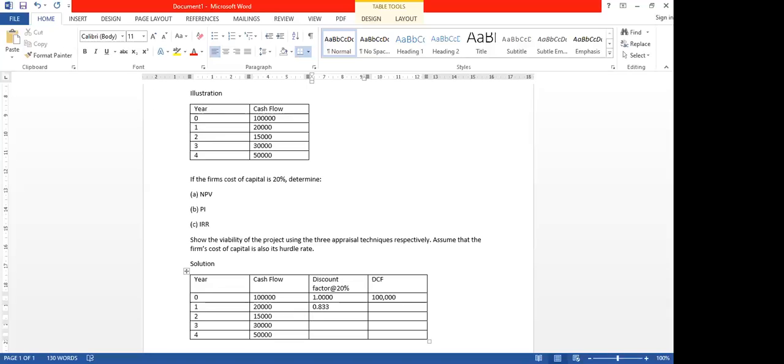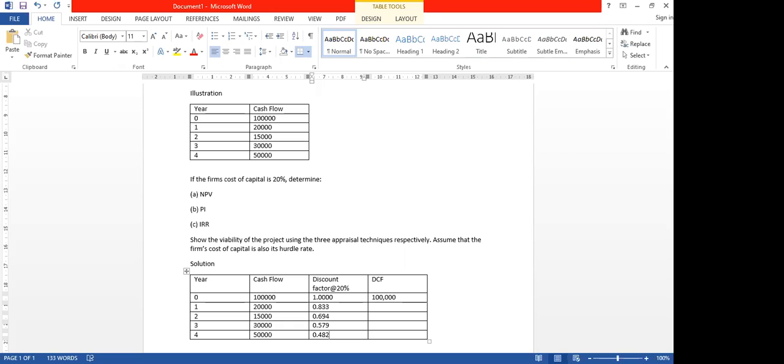For year 2, we have 1.2 raised to power minus 2, which is 0.694. For year 3, 1.2 raised to power minus 3, which is 0.579. And for year 4, 1.2 raised to power minus 4, which is 0.482. All right, now let's get the discounted cash flow for each one.